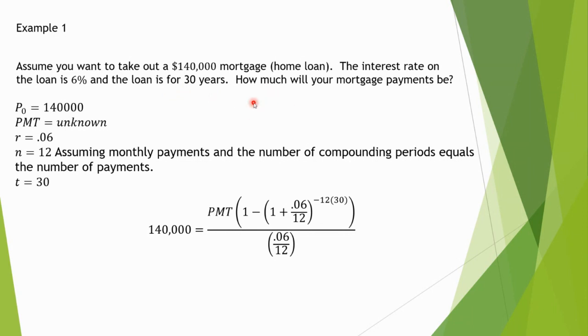Oh yeah, it is monthly payment. So the initial amount, the $140,000, that's what P0 is. We'll look for how much the monthly payments would be. That's this.